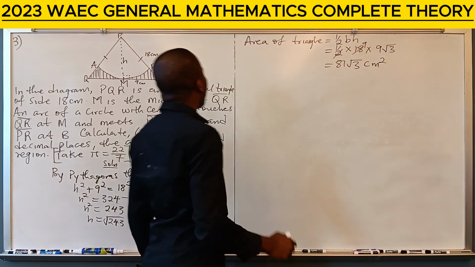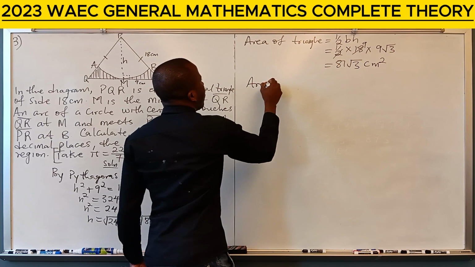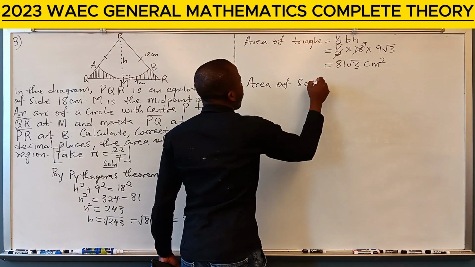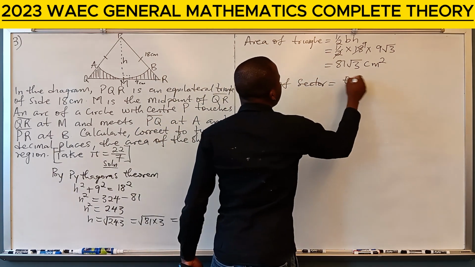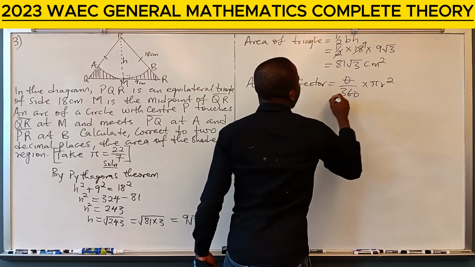This is the area of the triangle. What about the area of the sector? Area of sector is theta over 360 times pi r square.